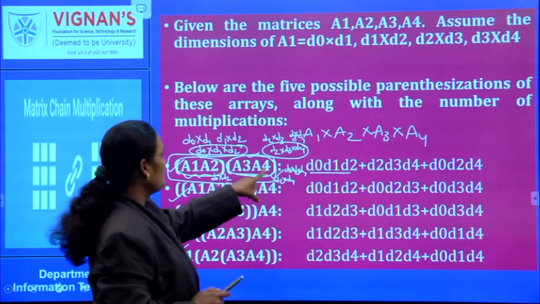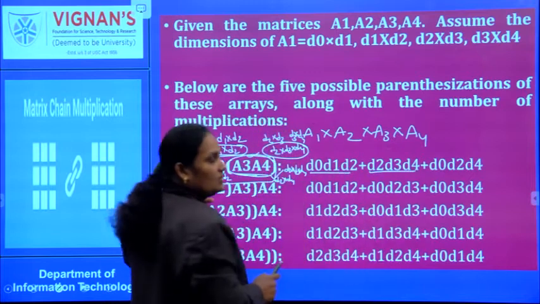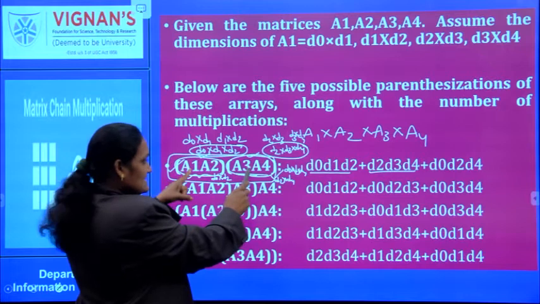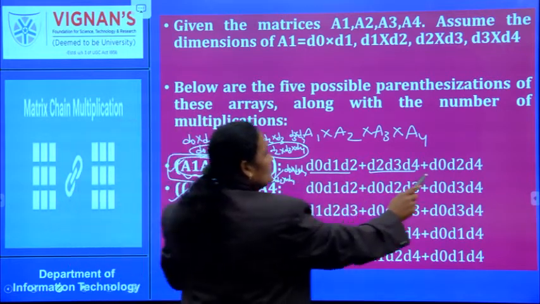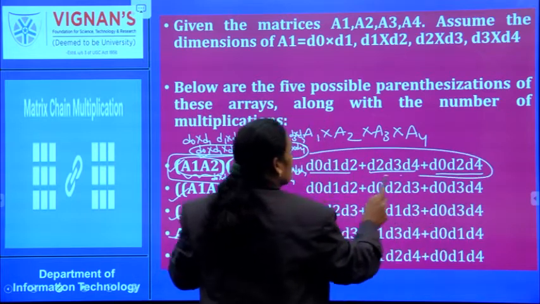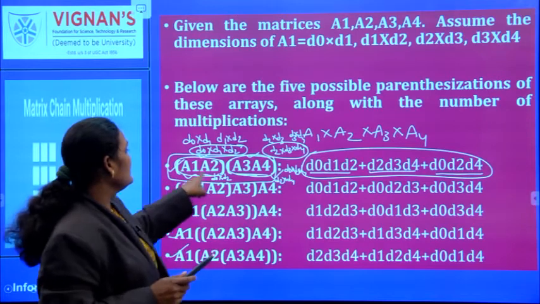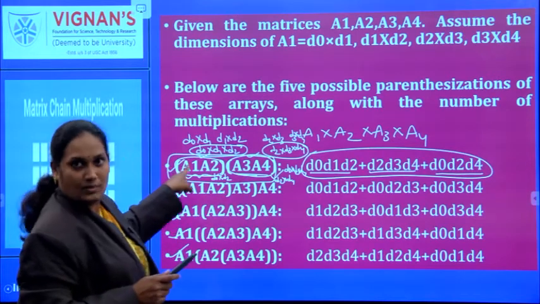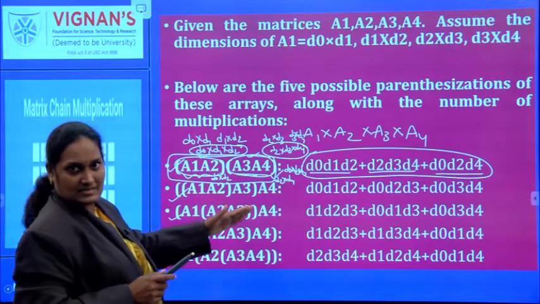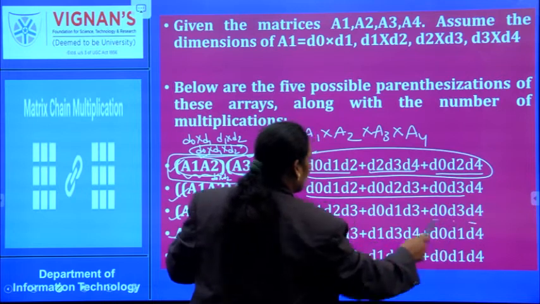The second is D2 into D3 into D4. The multiplication of the two results takes D0 into D2 into D4. So this entirely gives the number of multiplications required to complete this entire sequence of multiplication. Now here I represented other sequences. In the same way we can calculate the number of multiplications required for all of these.